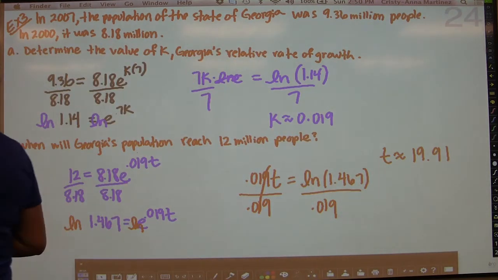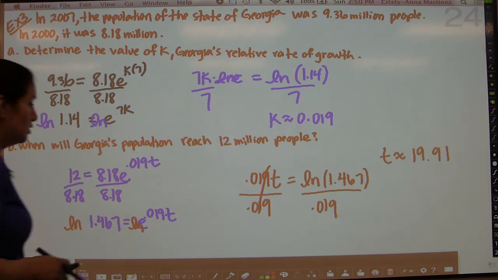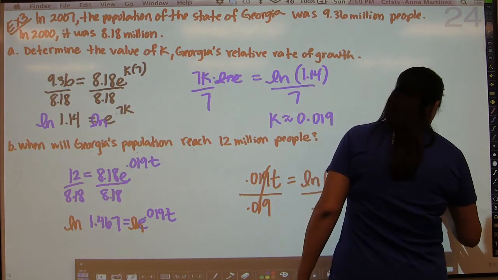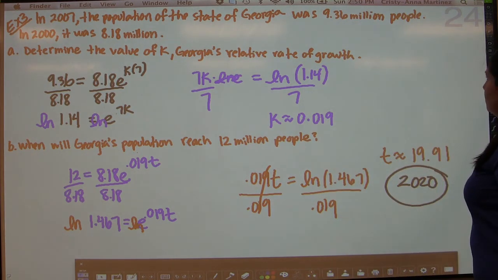When will Georgia's population reach 12 million people? Roughly in about 20 years. And if we're basing this on an initial time of the year 2000, 20 years later would be 2020. So to answer the question here, in the year 2020. Awesome.